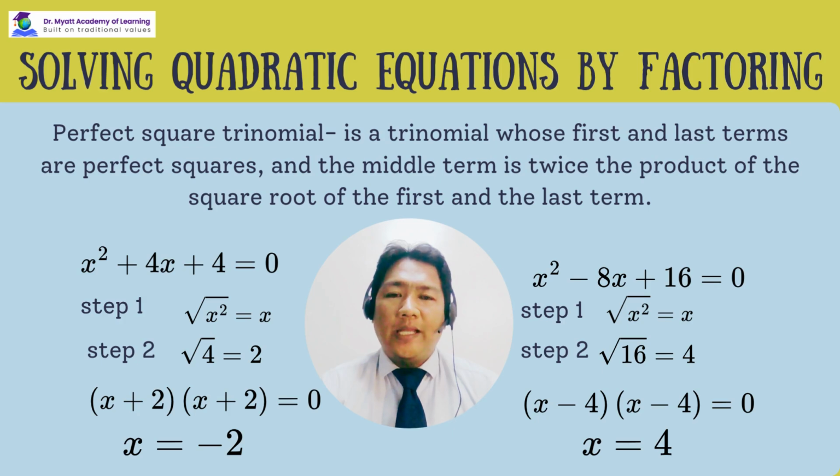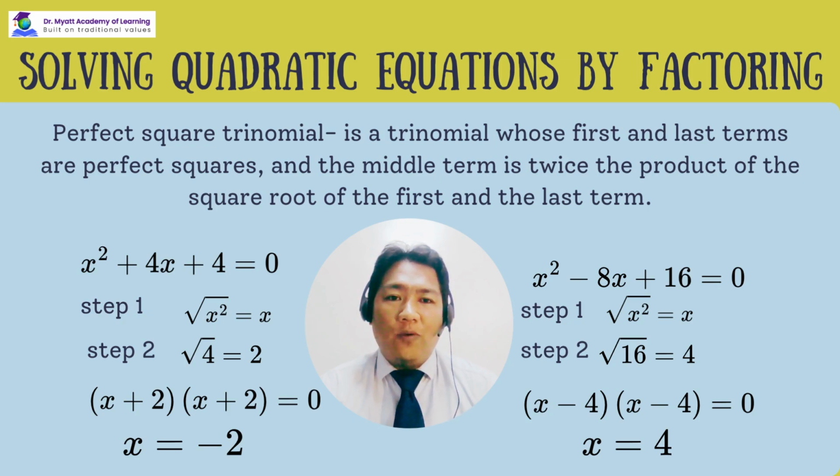Okay, the next example is an example of a perfect square trinomial. A perfect square trinomial is a trinomial whose first and last terms are perfect squares, and the middle term is twice the product of the square roots of the first and the last term. So we have x squared plus 4x plus 4 is equal to 0. First step, we get the square root of x squared, which is equal to x.